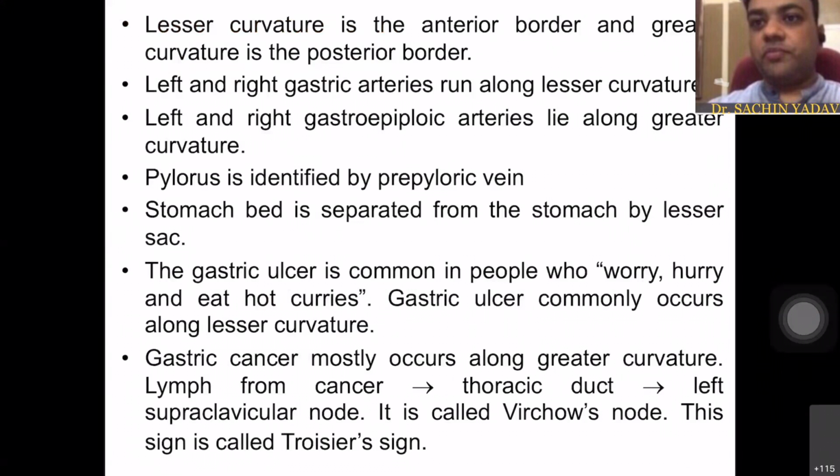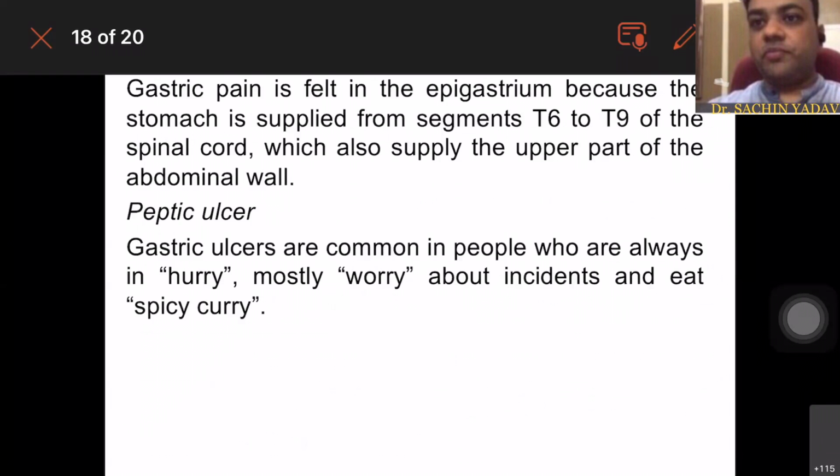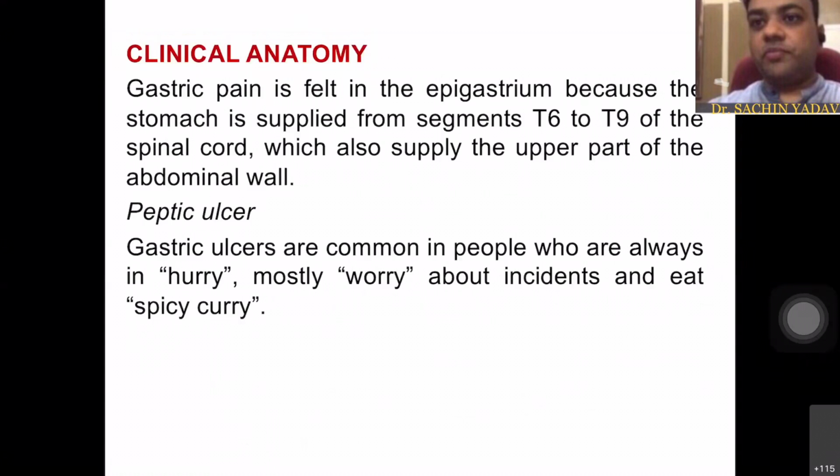It is only found in the advanced stage, when the cells have spread locally and metastatically to distant organs. Then we find that the patient has been affected by gastric carcinoma. If it is not detected early, it is difficult to save the life of that patient with CA stomach.